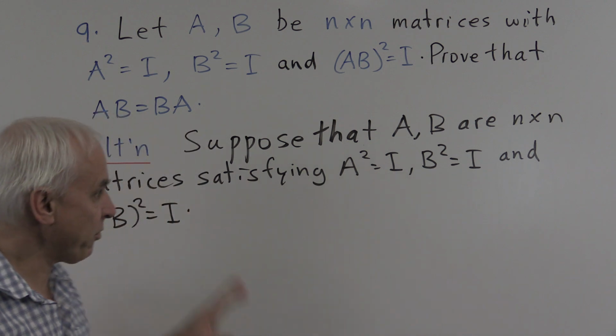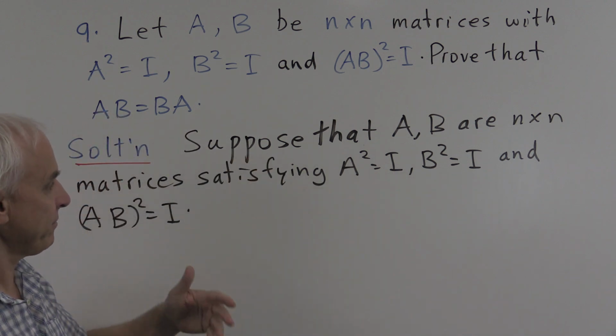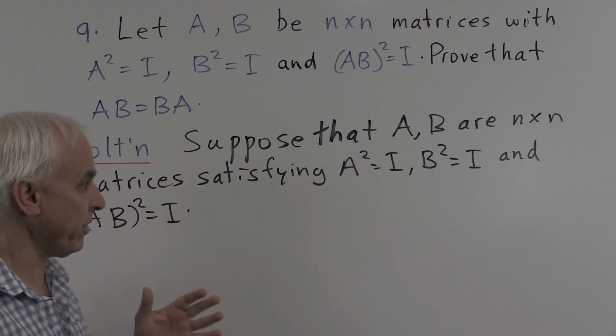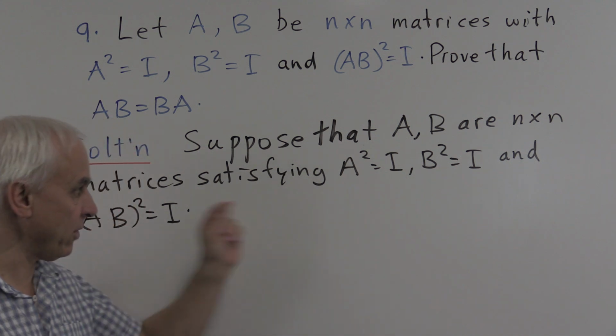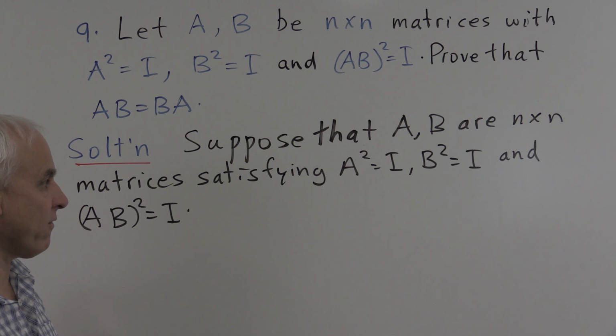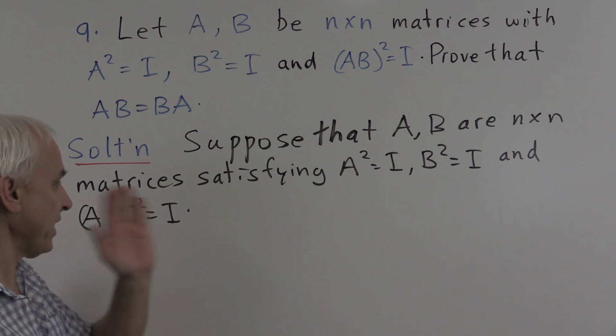So in an exam, you probably wouldn't write this statement, but here I'm just making sure that we are all on the same page. We know exactly what assumptions we are invoking. Okay, so these are the things that we have to work with.